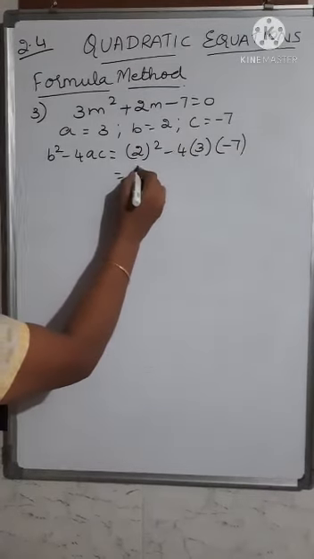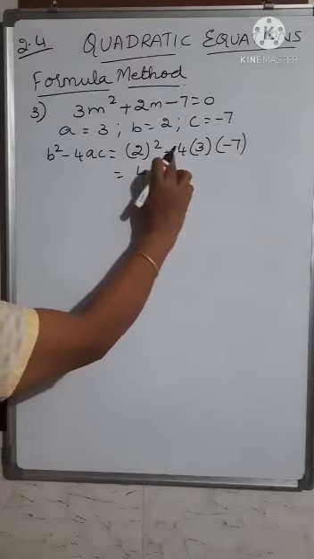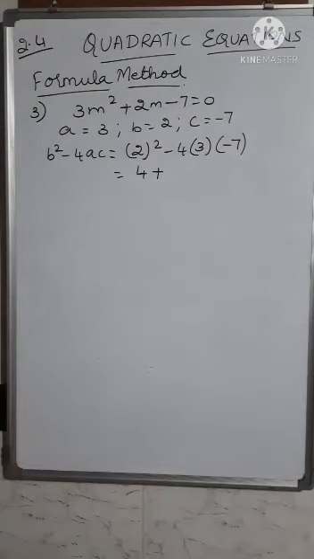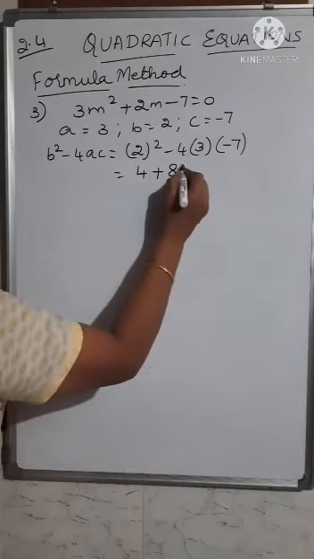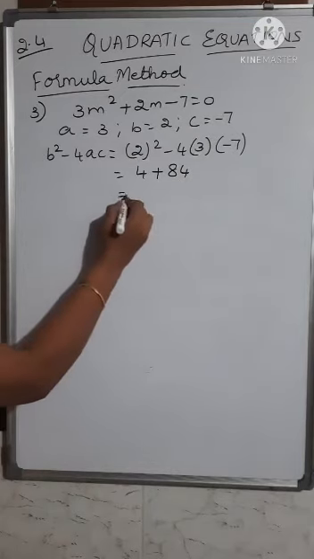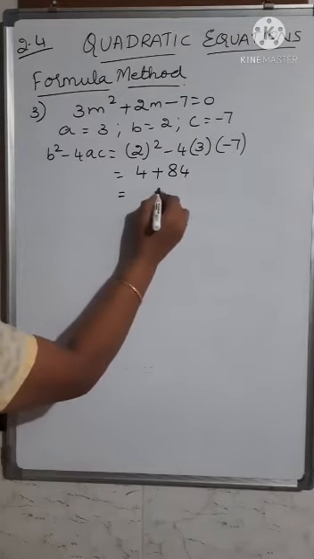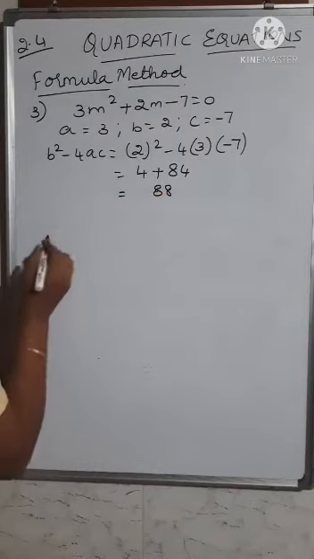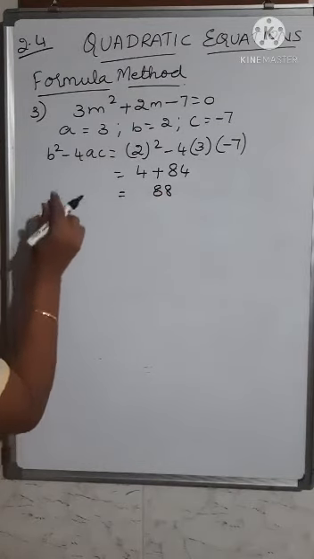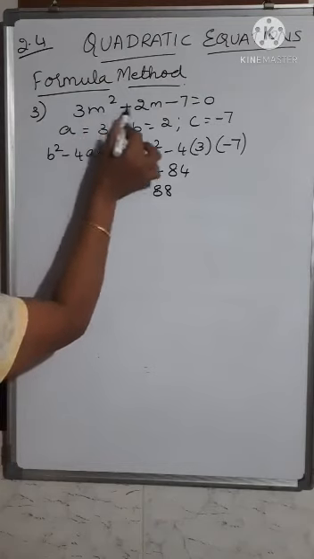So this will be equal to 2 square is 4, then minus into minus will become plus, 4 threes are 12, 12 sevens are 84. So this will be equal to 4 plus 84, which is 88. Now you have got b square minus 4ac as 88. Now write the formula. Here in this problem the variable is m.